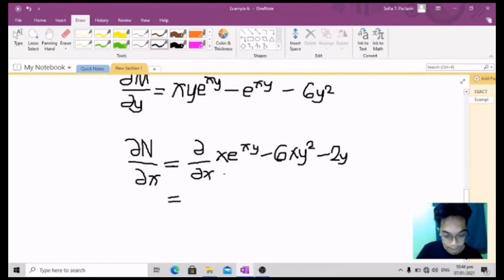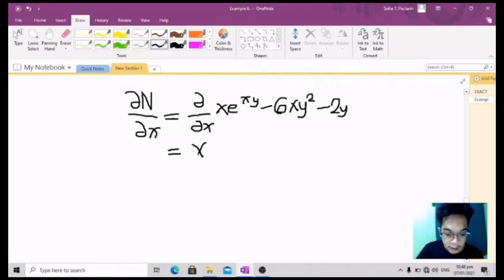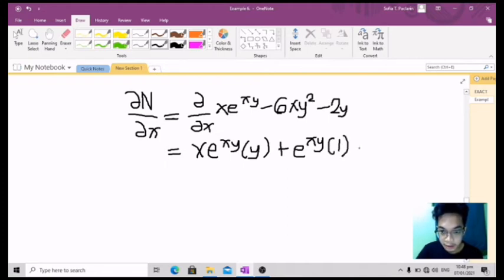So it will become xe raised to xy, where y here, the constant with respect to x, will become y, plus the inside function e raised to xy, the x here will become 1, derivative of x, minus 6y squared constant, and x here will become 1 with respect to x, minus 2y here is constant, so it will become 0.